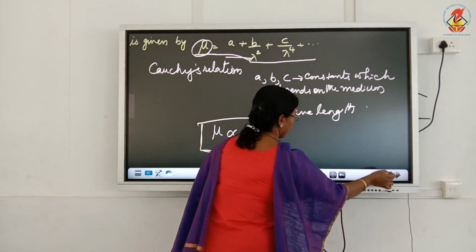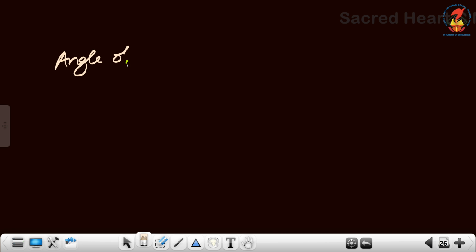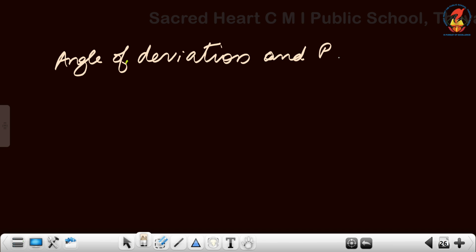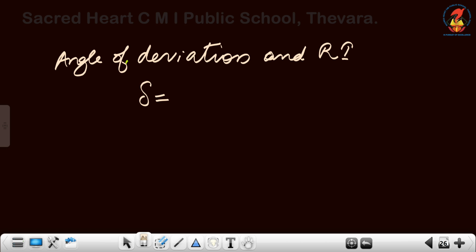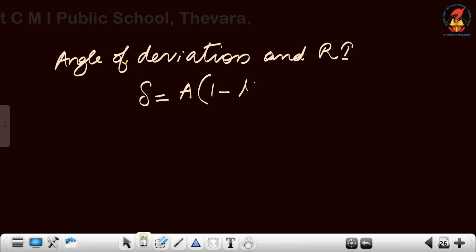Now the relation between angle of deviation and refractive index is given by delta is equal to A, which is the angle of prism, into mu minus 1. Delta is the deviation, the extent of deviation, equal to A, angle of prism, into mu minus 1, where mu is the refractive index.